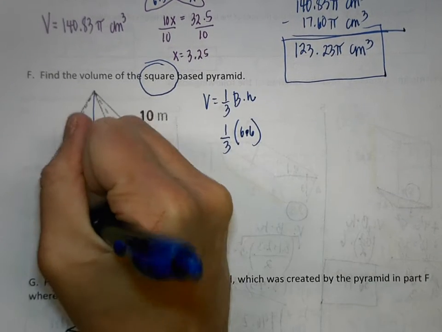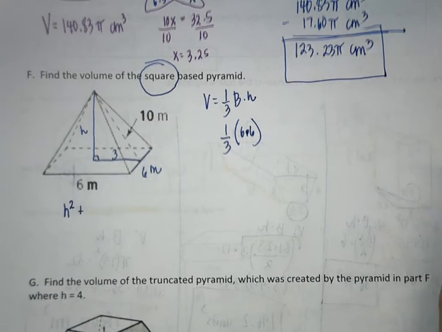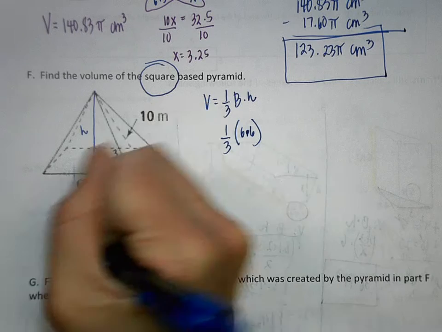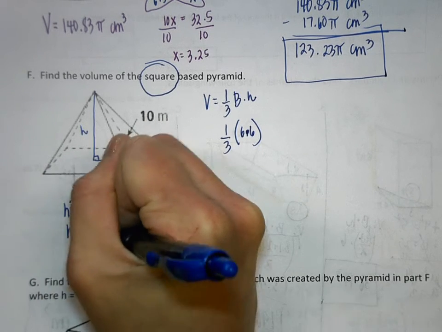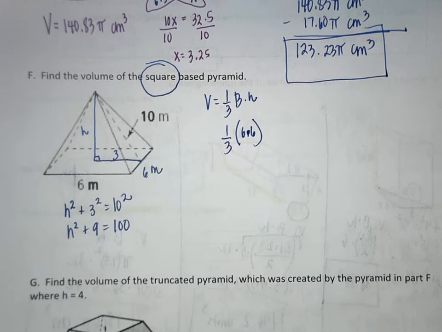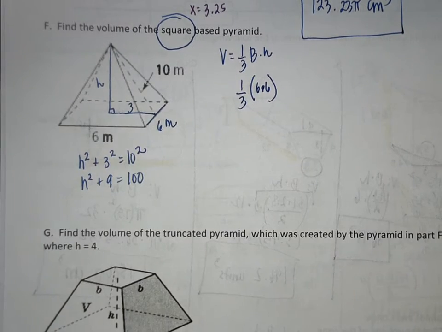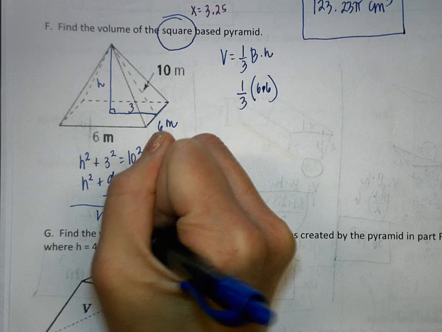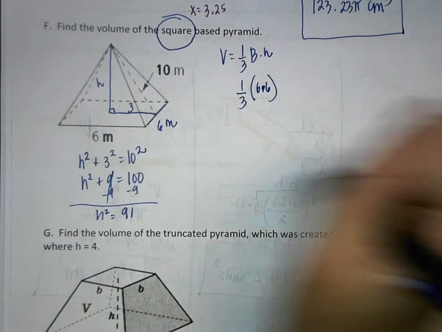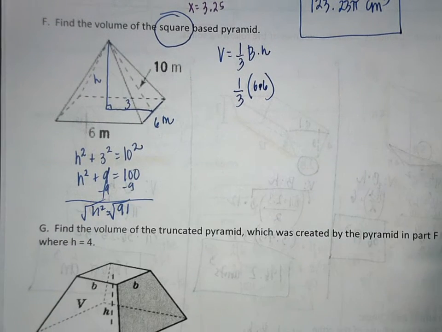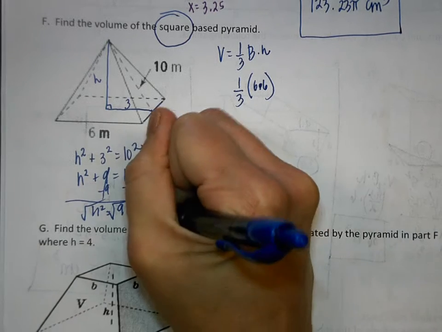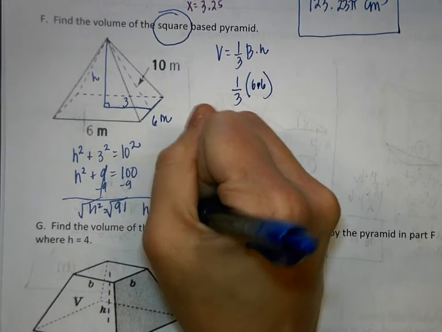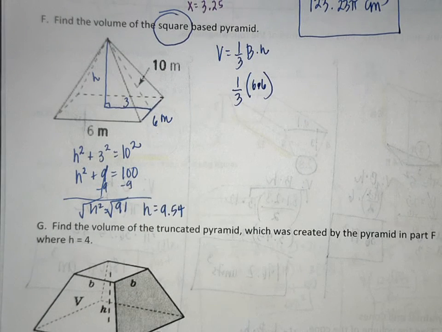A squared plus B squared equals C squared. Good. So I'm going to write that as h squared plus 3 squared equals 10 squared. H squared plus 9 equals 100. We subtract 9 to both sides. H squared equals 91. And I would put this into a calculator and take the square root, and we get h equals 9.54. Very good, 9.54. Is everybody good with that?